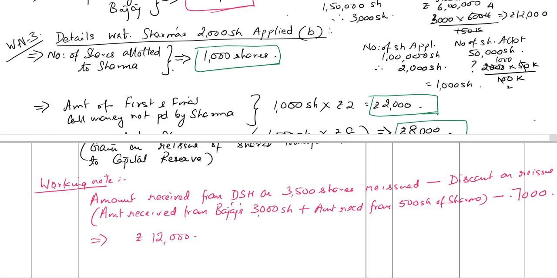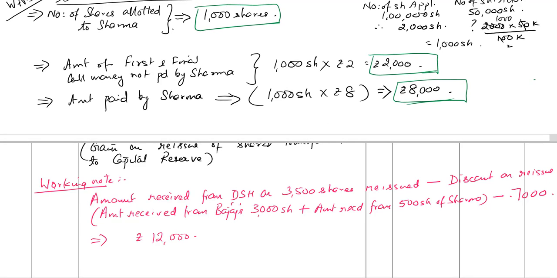And we need to get the amount which is received from Sharma's 500 shares. So we need to do the calculation. This 8,000 rupees is the amount which is received from 1,000 shares of Sharma. Therefore, on 500 shares, we would have received 8,000 multiplied by 500 divided by 1,000, which comes up to 4,000 rupees.